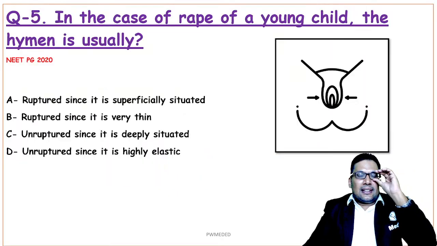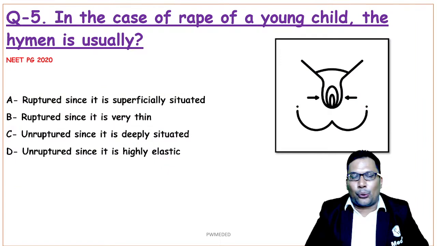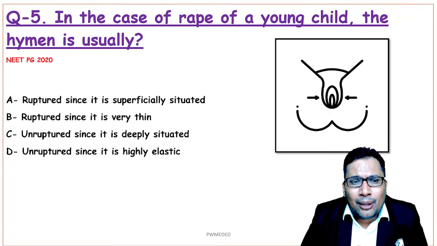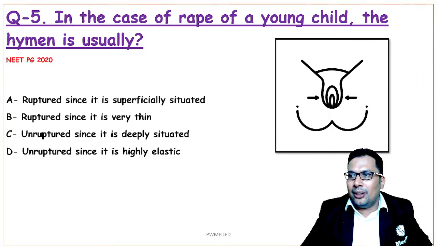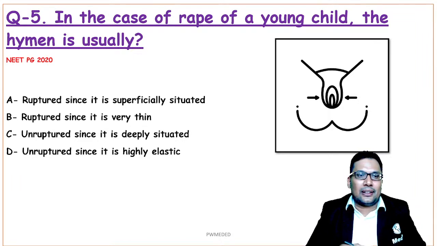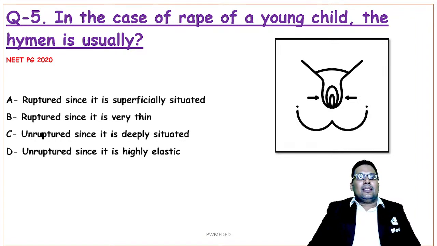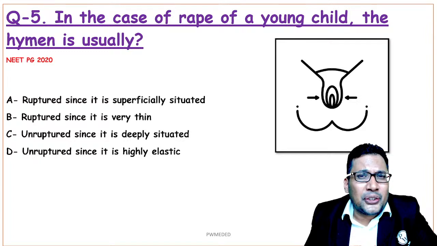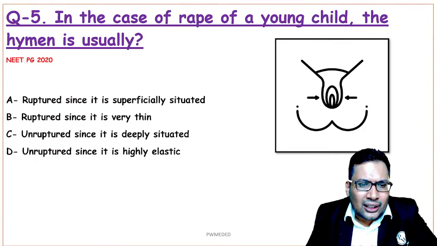Now we are going to discuss the next question. In the case of rape of a young child, the hymen is usually... Can you guess here? Hymen rupture in children is very, very rare. Why?